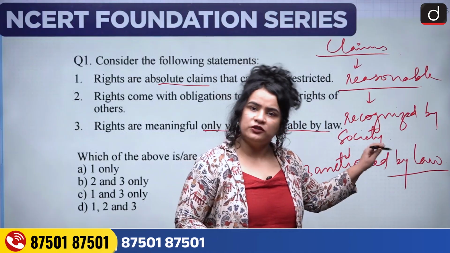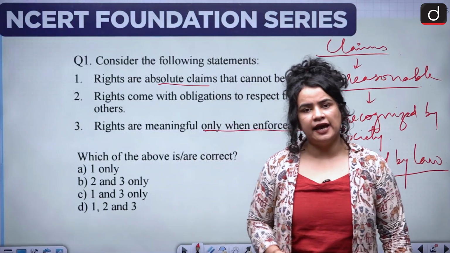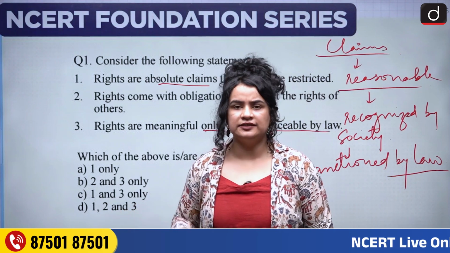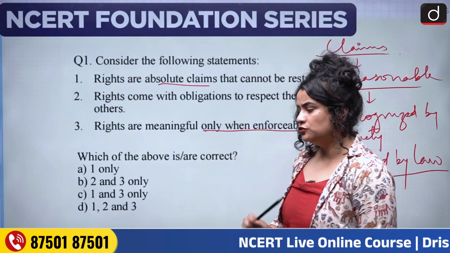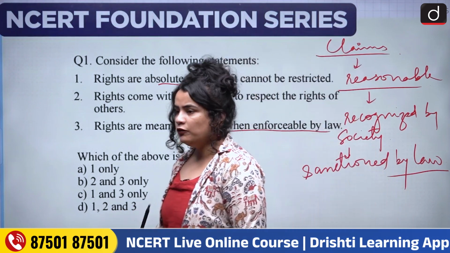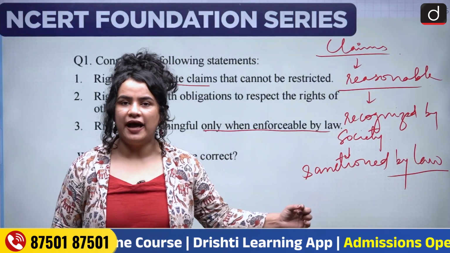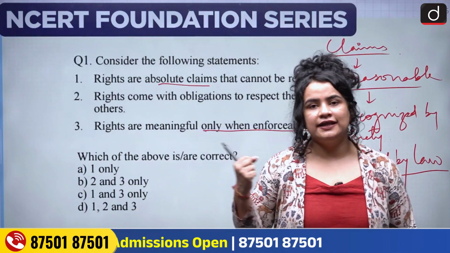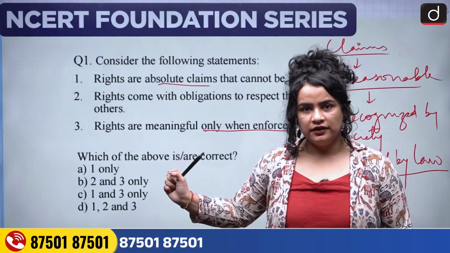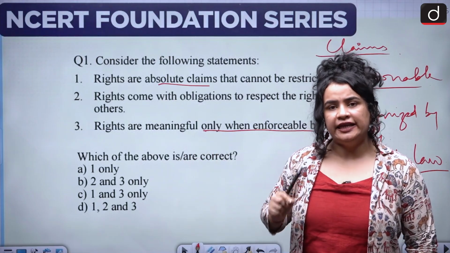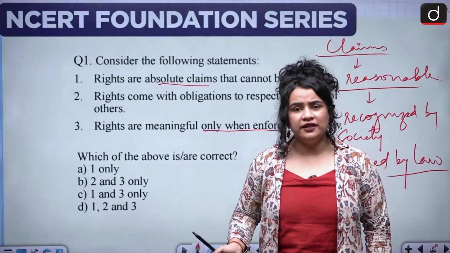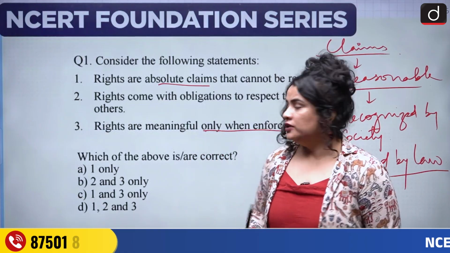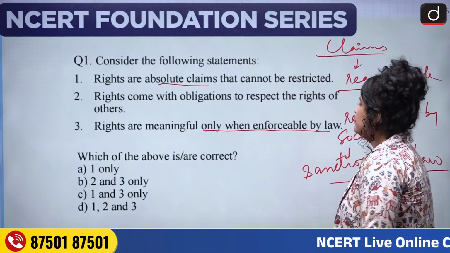All right, and it was also recognized by the society. That society absolutely agreed with me and said, okay, fine, this person seems like a reasonable person. Let's allow this person to cast 100 votes. However, if it does not have a legal backing, if the government or if the constitution does not legally sanction this desire of mine or this claim of mine, does it have any value? Is it going to be implementable? Can it be enforced? No. So it has to be sanctioned by law.